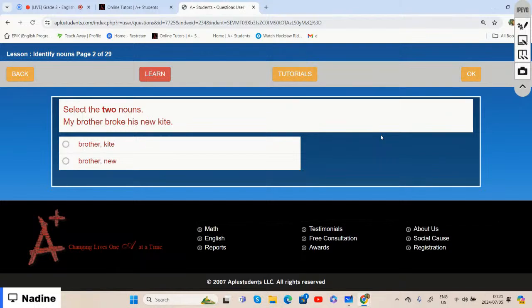So we need to identify the two nouns. Is it option one, brother and kite, or option two, brother and new?